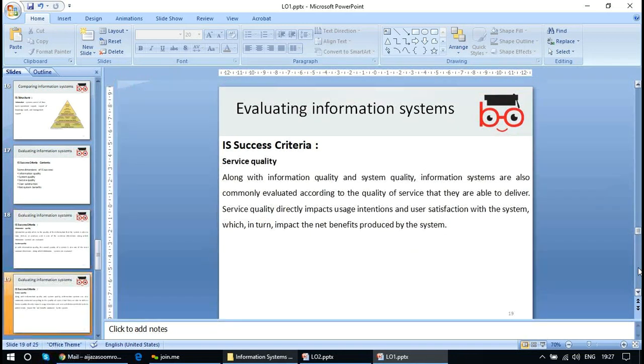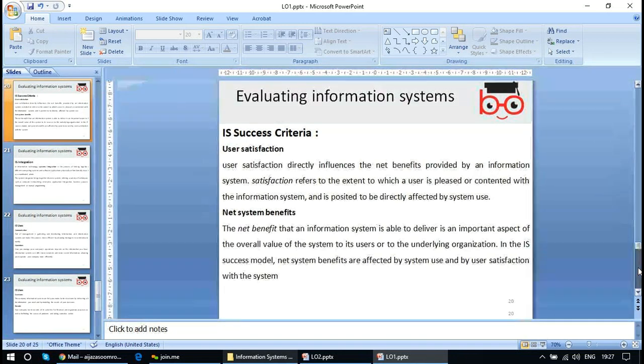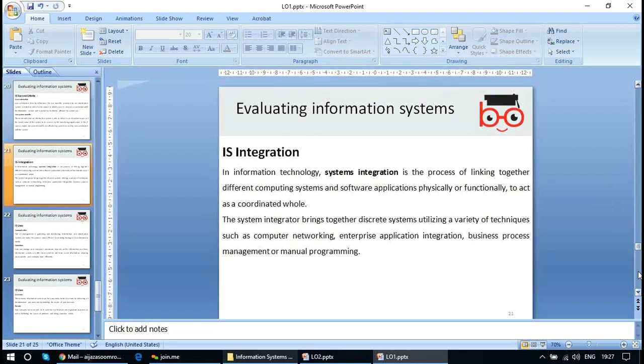These are the key points you need to remember, as well as how you integrate the information system.